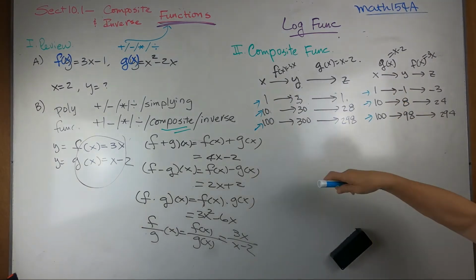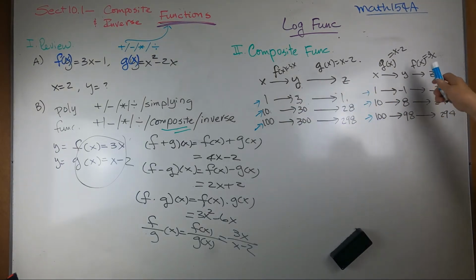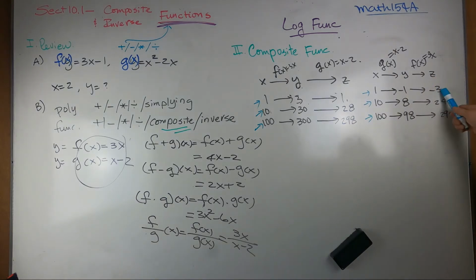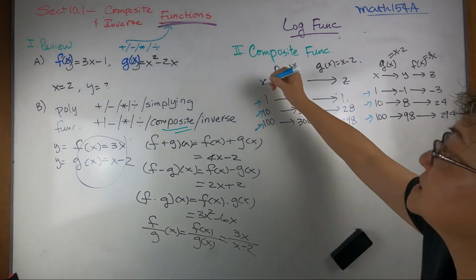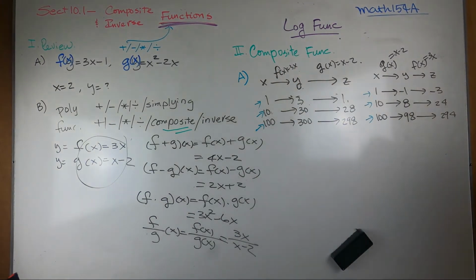If you stack up to f first, then g, or you stack up g first to f, do you get the same results? You don't. Okay, so I just want you to see it first, to see some numbers. Then we write the notations for it.